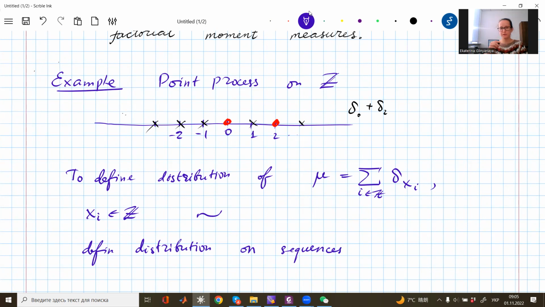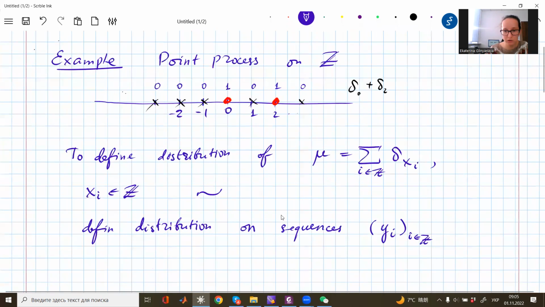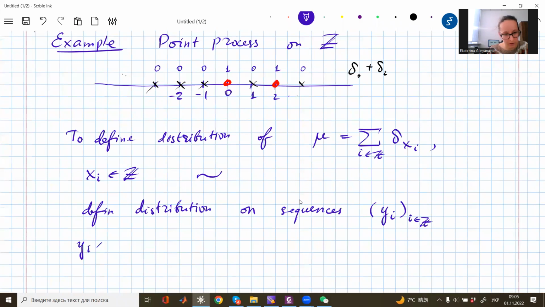So we can formulate the description of the picture like this: if I can see a particle, this means just 1, and if not, I have 0. So for any measure of such form, I can put into correspondence a sequence of zeros and 1, where I have values 0 or 1.